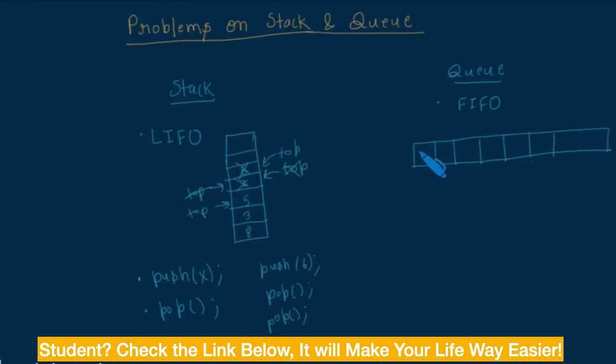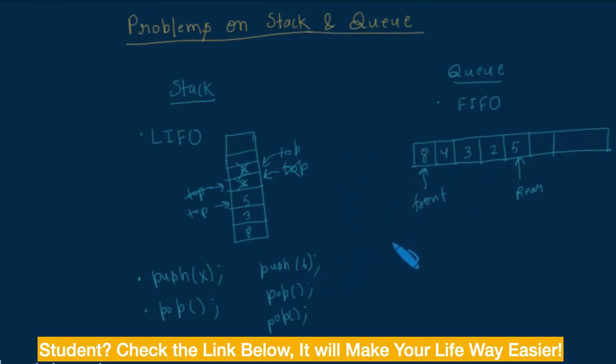Okay, let's insert something in this queue. The queue is containing these many elements and we will insert the elements at index rear and your front will be somewhere here. If you want to delete 8, then this front will be incremented and the 8 will be deleted from this queue.